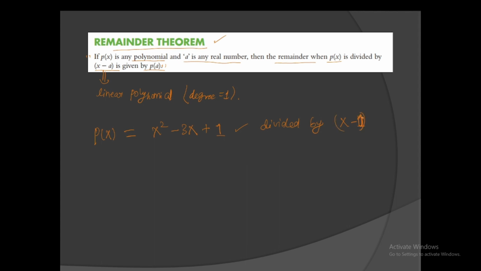So simply, we equate our linear polynomial, x minus 1, to 0, and from here we get the value of x to be 1. We put it in: 1 square minus 3 plus 1. So basically it gives minus 1, right? So our remainder in this case is minus 1.